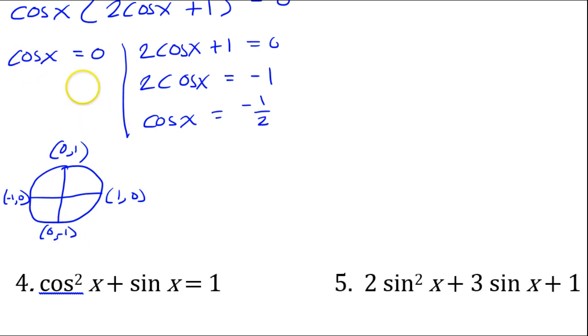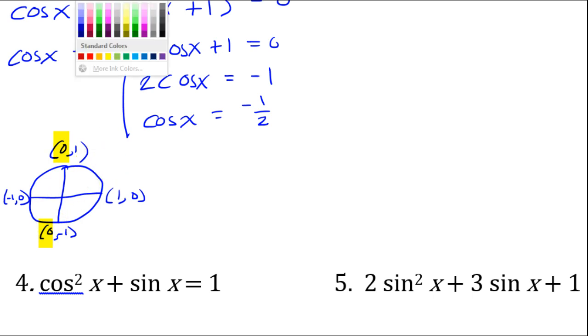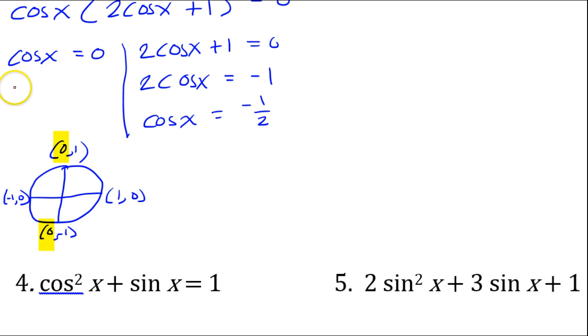Cosine is the x value, so I want to know where the x value is equal to 0. So that's going to be here and here. Those x values are equal to 0. So that gives me two solutions so far. I've got x is equal to pi over 2 and 3 pi over 2.